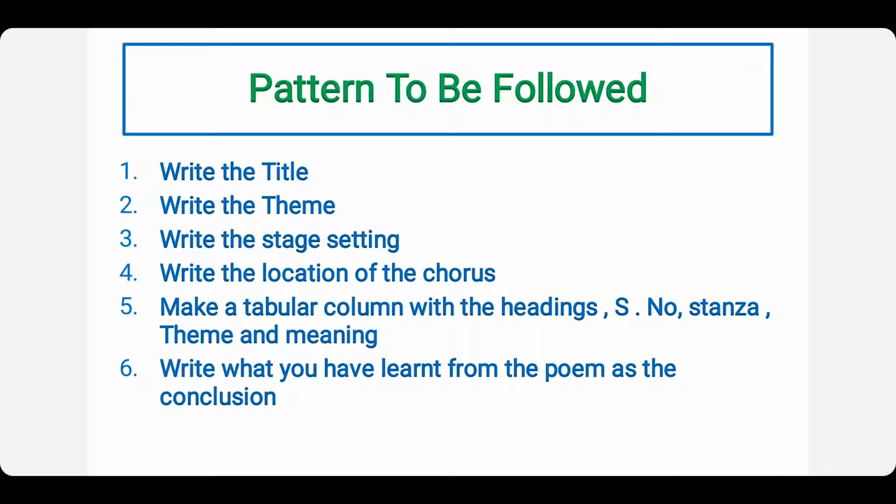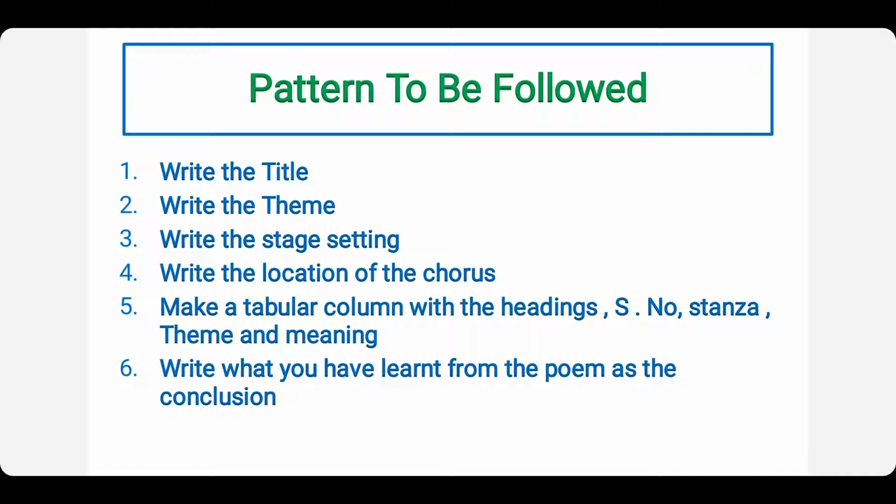Then make a tabular column with the heading, serial number, stanza, theme and meaning. You can even include the action column also. And look, it's not necessary that you have to make a tabular column. You can write it one by one also. First the stanza, then the theme, then the meaning, then the action also.